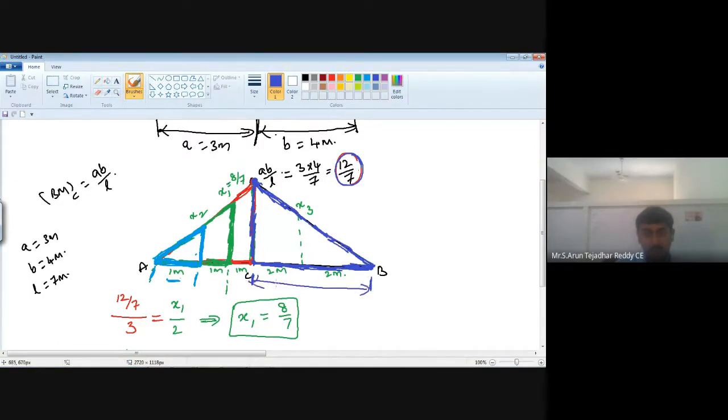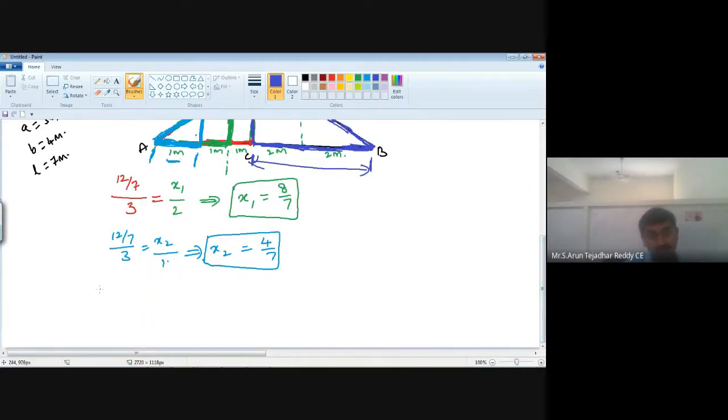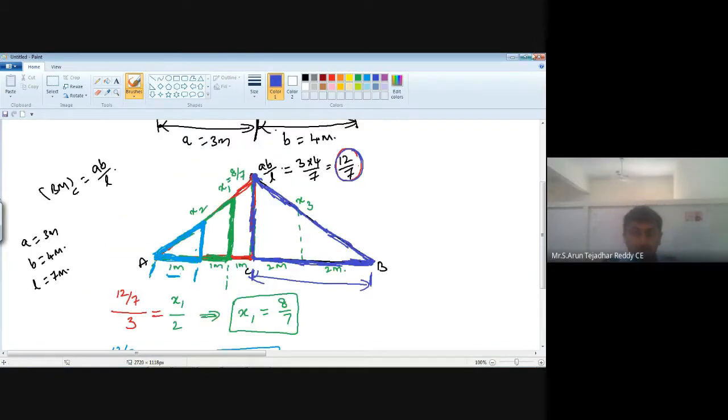This complete blue color portion, 2 meter plus 2 meter is 4 meter. So perpendicular 12 by 7 by base 4 meter equal to our unknown x3.